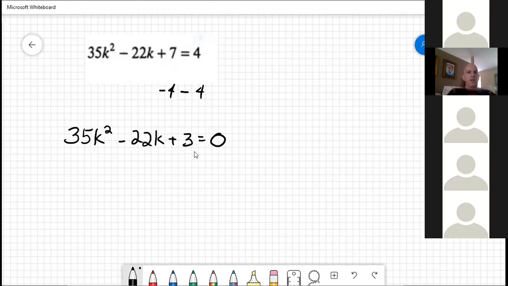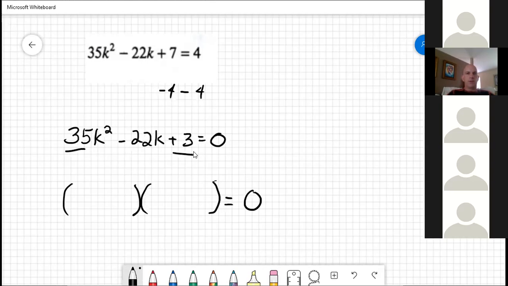All right, so what we need here is we need to now factor this. Now we've got two different parts that we need to pay attention to for our factors. This 35 is one of them, the 3 is the other. Only one of those is a prime number, and that's the one we probably want to go with first, because the prime number can only have 1 and 3.